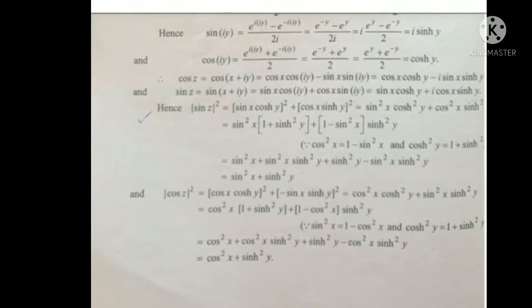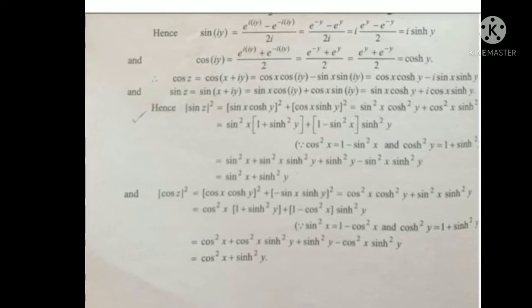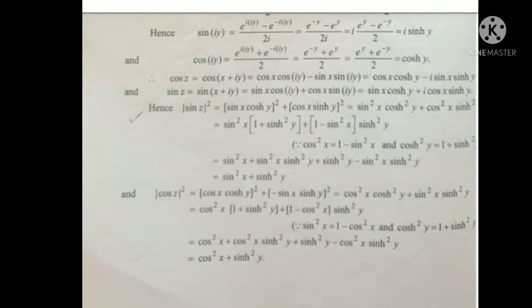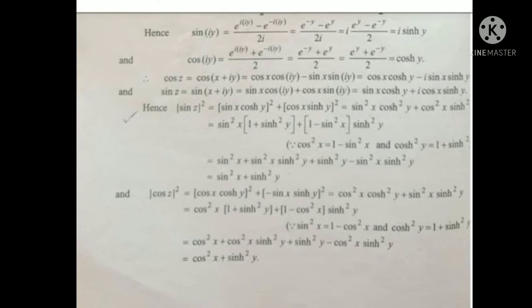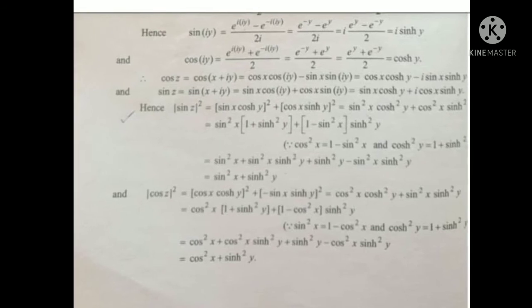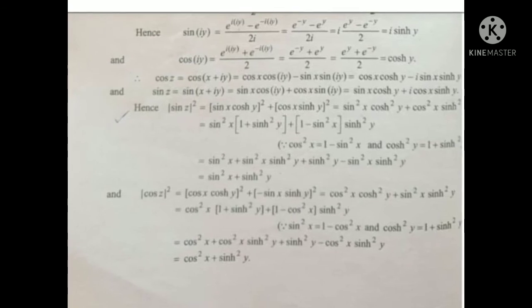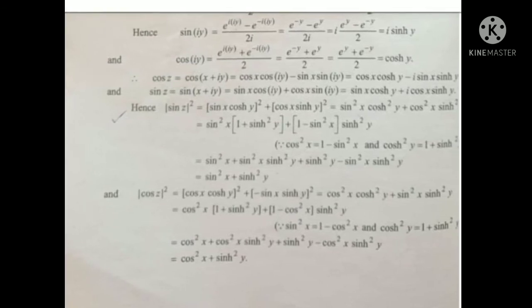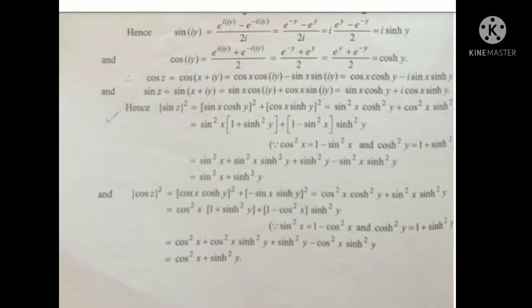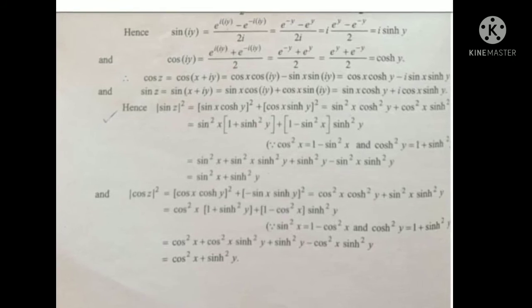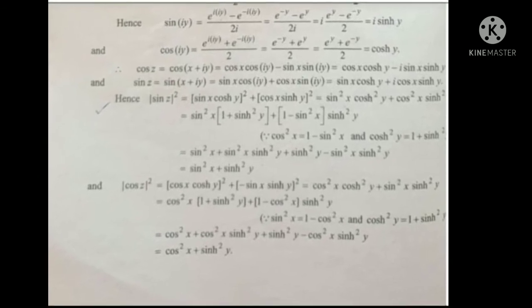Now we are going to find the value of |sin z|², which is equal to (sin x cosh y)² + (cos x sinh y)², that is equal to sin²x cosh²y + cos²x sinh²y, which is equal to, we can take sin²x out, sin²x(1 + sinh²y) + (1 − sin²x) sinh²y.